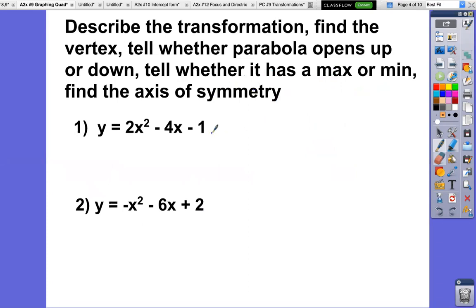So again, I'm going to give you guys about 2 minutes here on number 1 to answer those questions. So I want to know the vertex. I want to know how it opens. I want to know the max or min. And I want to know axis of symmetry. All right, 2 minutes, go.